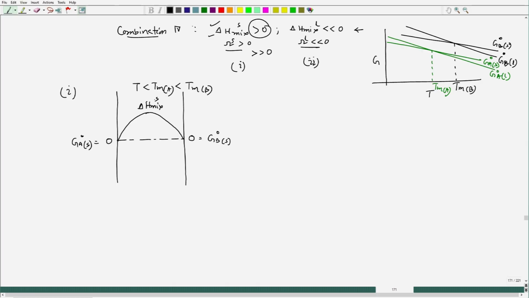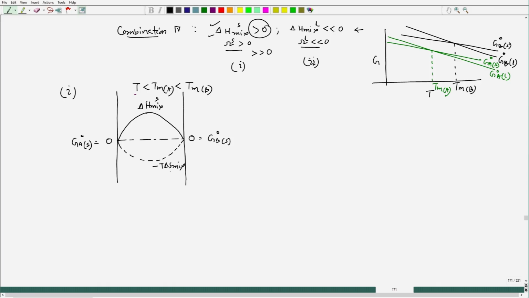We are trying to do it for solid, and minus T del S mix we can reflect. Let us say this is minus T del S mix, if I do it with a dotted line.